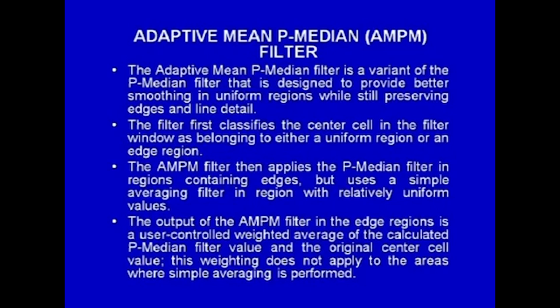AM/PM filter then applies the P median filter in regions containing edges, but uses a simple averaging filter in regions with relatively uniform values. The output of the AM/PM filter in the edge regions is a user controlled weighted average of the calculated P median filter value and the original cell value. This weighting does not apply to the areas where simple averaging is performed.